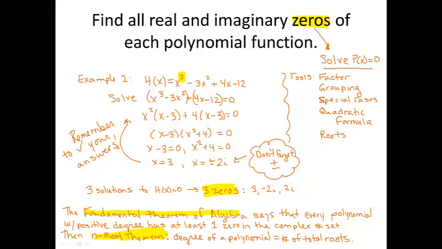And the nth root theorem tells me that whatever degree I'm given, so in this function it was a cubed degree, or third degree, that is always going to tell me how many zeros total I'm going to have. So here I was given a cubic function and I have exactly 3 zeros. This is really helpful for us when we want to check our answers to make sure that we've gotten all of our possible zeros.